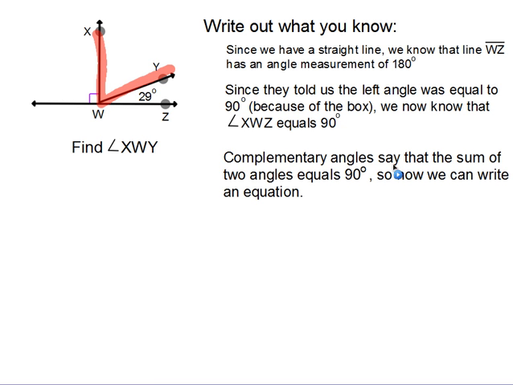Complementary angles say that the sum of two angles equals 90 degrees, so we can write an equation. I don't know what this is. I know this is 29, and I know the whole thing is 90 degrees, so I can write X plus 29 equals 90. One-step equation, subtract 29 from both sides. I'm left with X on the left, and 61 as 90 minus 29. So the missing angle here is 61 degrees.